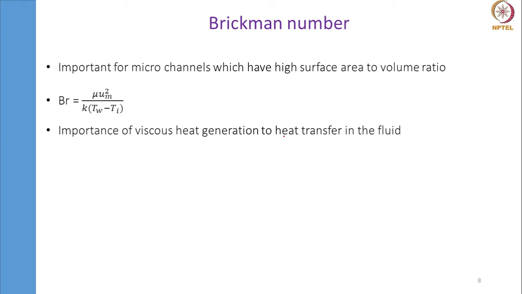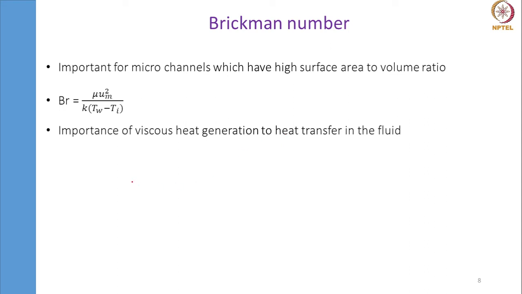There is one more important dimensionless number which we need to consider before we go further to find out the heat transfer coefficients in micro heat exchangers. We are well conversant that for conventional channels, Nusselt number is a function of Prandtl number and Reynolds number.